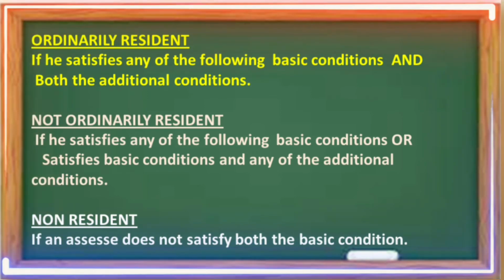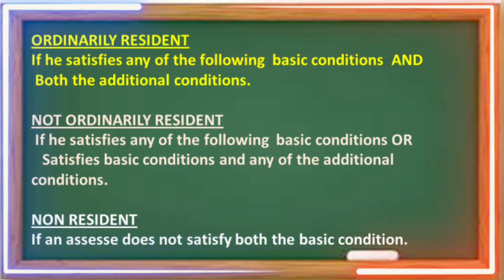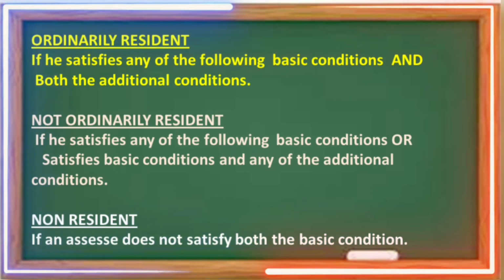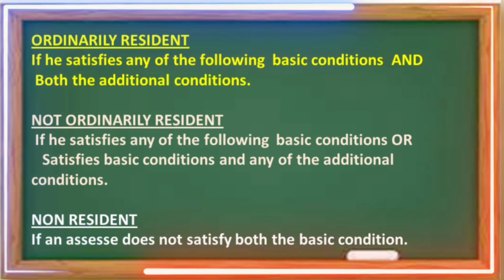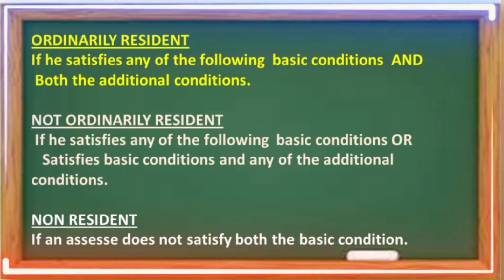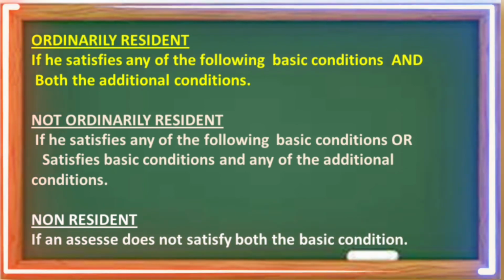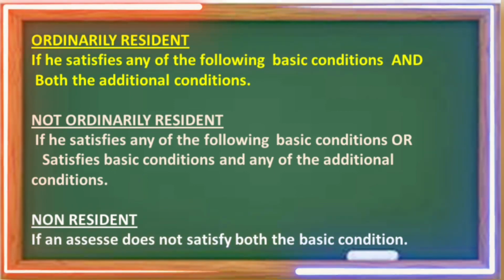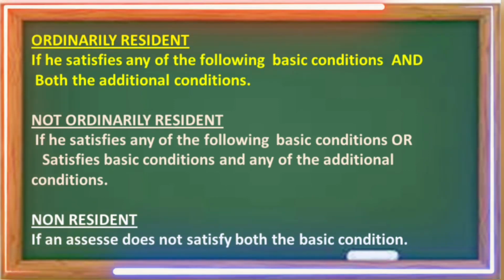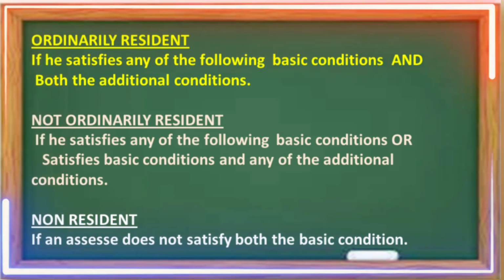So now we have studied what are basic conditions and what are additional conditions. Now let us discuss residential status. First of all, resident can be categorized into ordinarily resident and not ordinarily resident. Listen here. An assessee satisfying any one of the basic conditions and both the additional conditions is ordinarily resident.